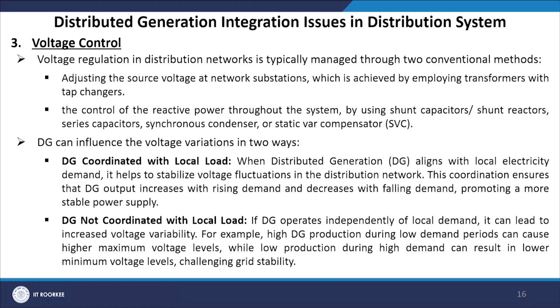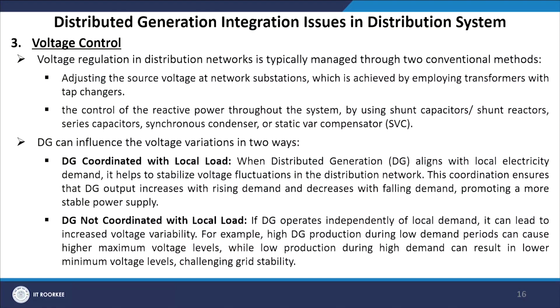Now, the distributed generation can influence the voltage variations in two ways. The first one is DG coordinated with local load. When distributed generation, DG, aligns with local electricity demand, it helps to stabilize voltage fluctuations in the distribution network. This coordination ensures that DG output increases with rising demand and decreases with falling demand, promoting a more stable power supply.